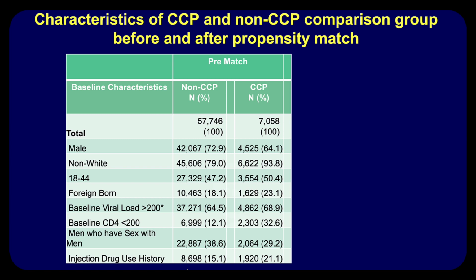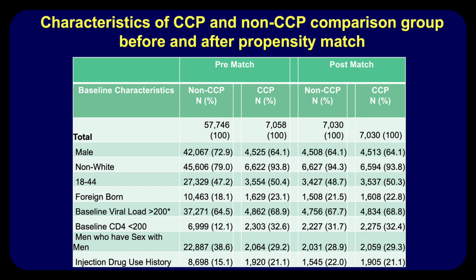So we need to take this next step of propensity matching to get a group that was more similar. And when we did that, we were able to identify from the 57,000 about another 7,000 people who were similar with regard to these and many other characteristics that we measured. And you can see here, after the propensity match, we have two groups that are much more comparable with regard to their baseline characteristics.